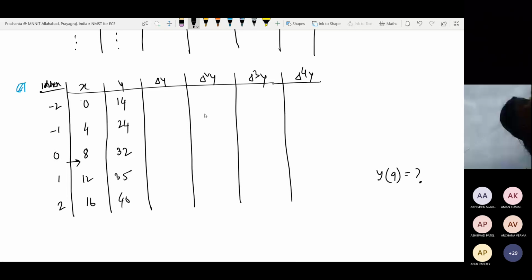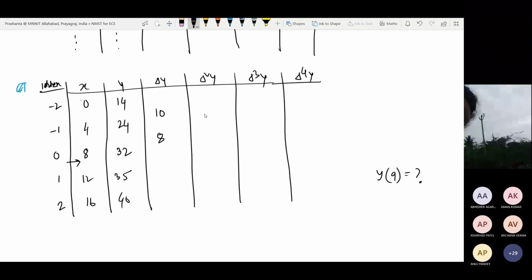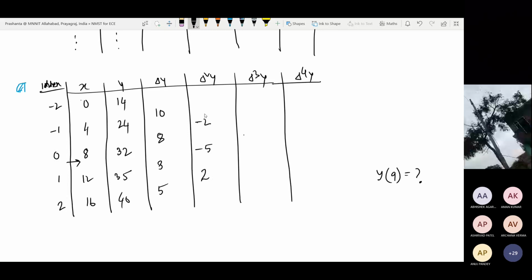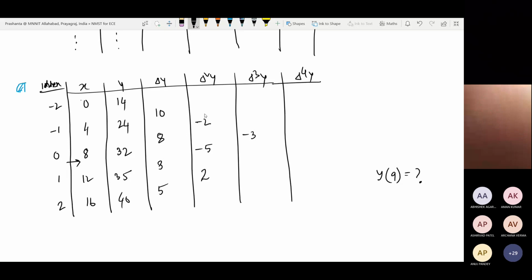It will be 10, 8, 3, 5, -2, -5, 2, -5, 2, -3, -7, 7, 10.